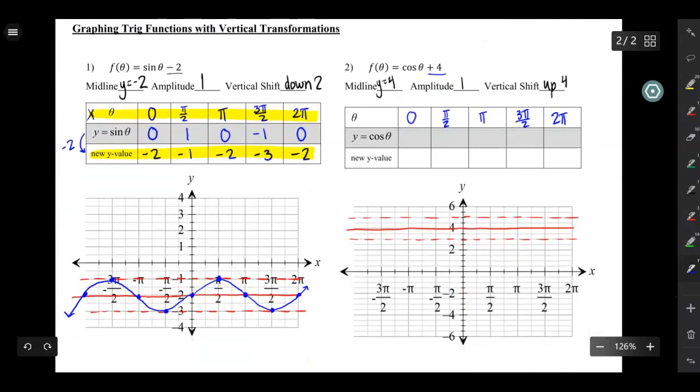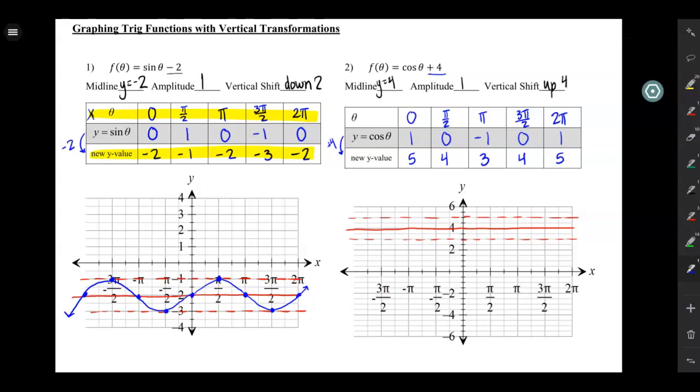So cosine goes from 1 to 0 to -1 to 0 to 1. Now to get my new y value, since I have shifted the graph up 4, I am just going to add 4 to these. So at 1 I'll be at 5, at 0 I'll be at 4, 3, 4, 5.